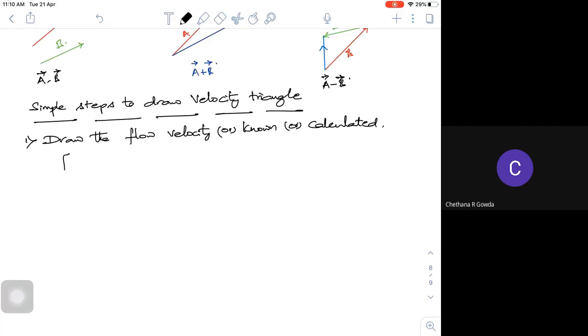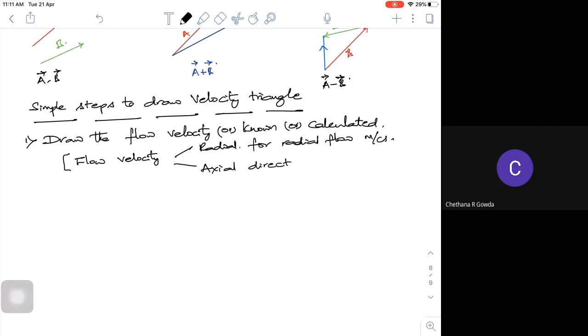The flow velocity will be in radial direction for radial flow machines, and it will be in axial direction for axial flow machines. This is the first rule.